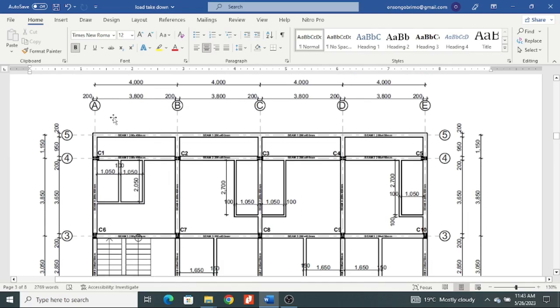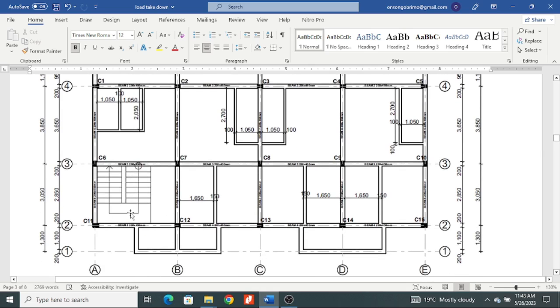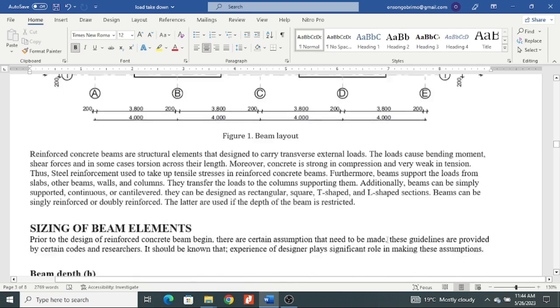You can do beam C, or you can even do beam 4 or 3. And I said I'm going to show you how to deal with the staircase. So for now, assume there is no staircase, assume it is just a normal slab, and do the load distribution. But in a later video I'll explain how you should distribute your loads from your slabs.